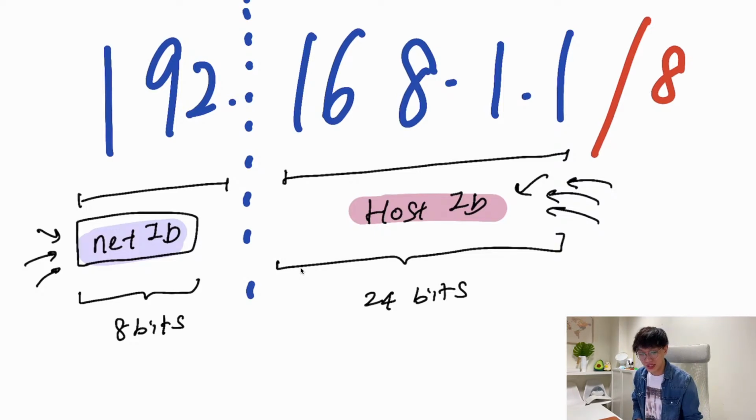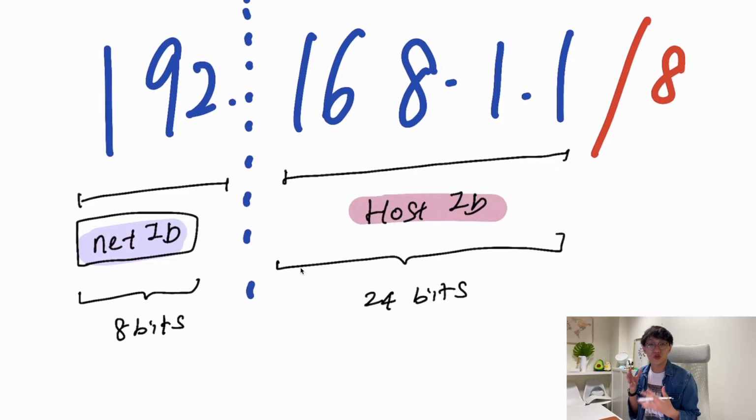Now in a /8 design, you cannot have too many companies, because you only have 8 bits of numbers to play with. But inside the company you can have so many IPs, because you have 24 bits of numbers to play with. So a lot of IPs.